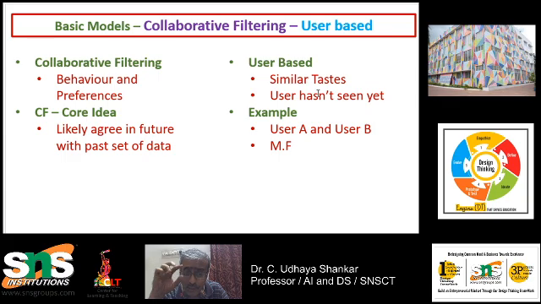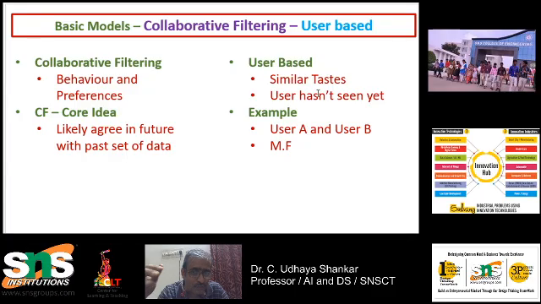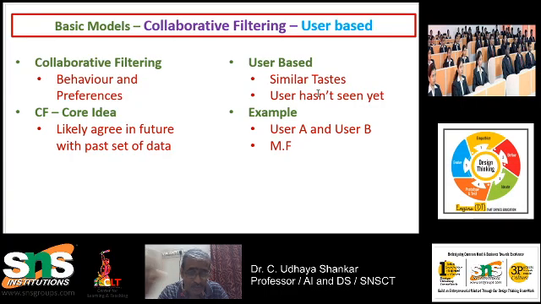Then what do you mean by user based collaborative filtering? In this case, it finds the user with a similar taste and it recommends the items of the neighbor users who liked them, but the target user has not seen yet. Is it clear?